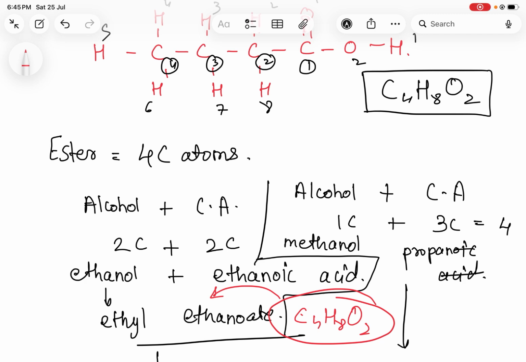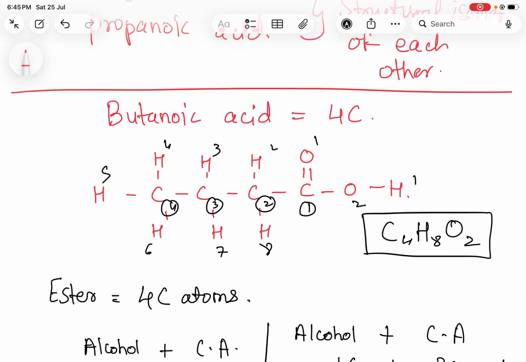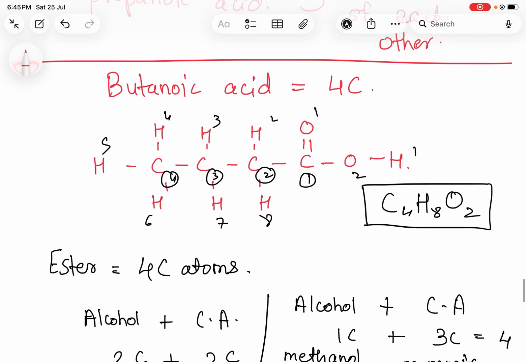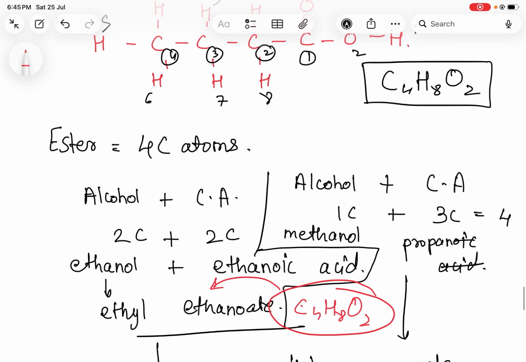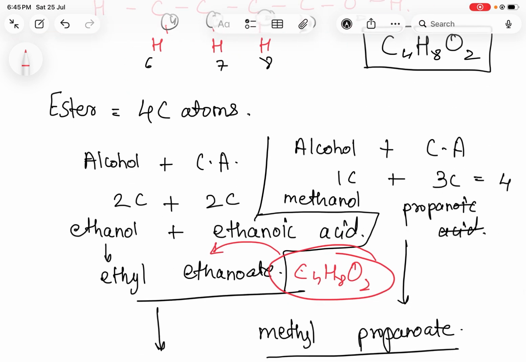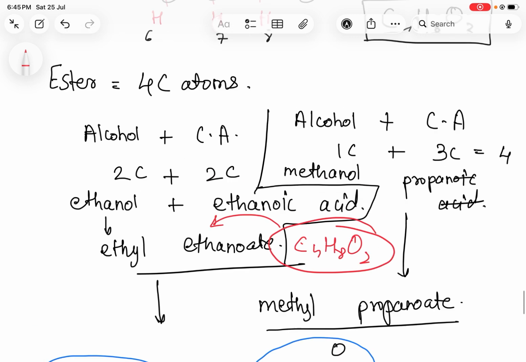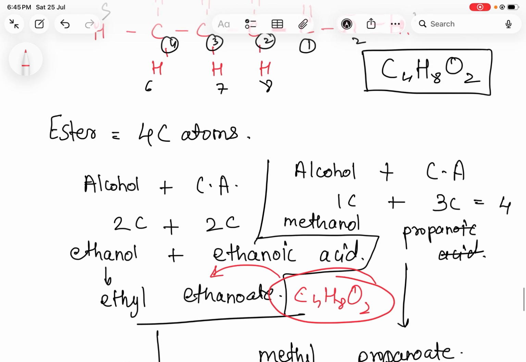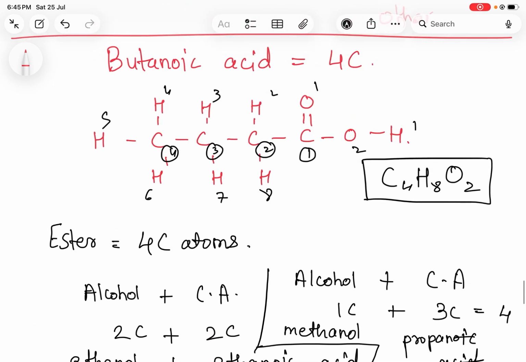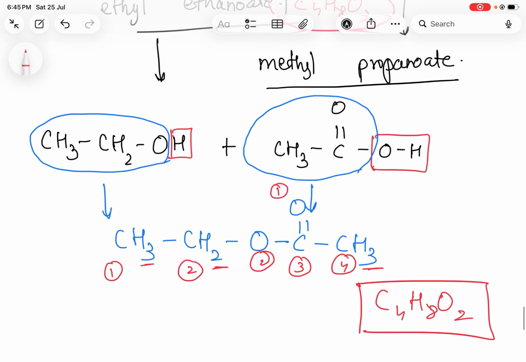Okay, so you can see here we have butanoic acid with 4 carbon atoms, which is having isomerism with ethyl ethanoate, or isomerism with methyl propanoate, that have the same molecular formula, but the structure for both of them is different. One is a carboxylic acid and another is an ester.